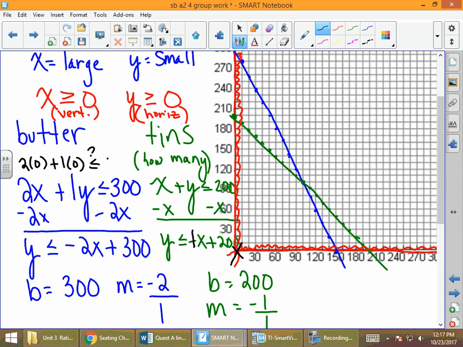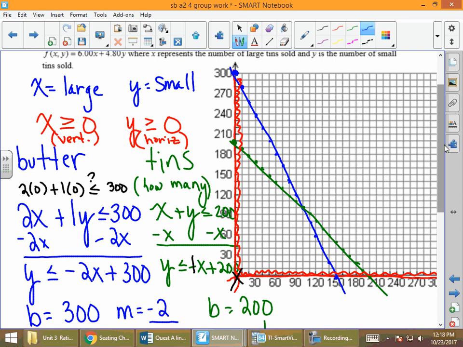And the question is, is 0 plus 0 less than or equal to 300? And it is. And by the way, for some of you, this is very intuitive, but the X is kind of underneath the blue line, kind of to the left. So we're going to shade here.